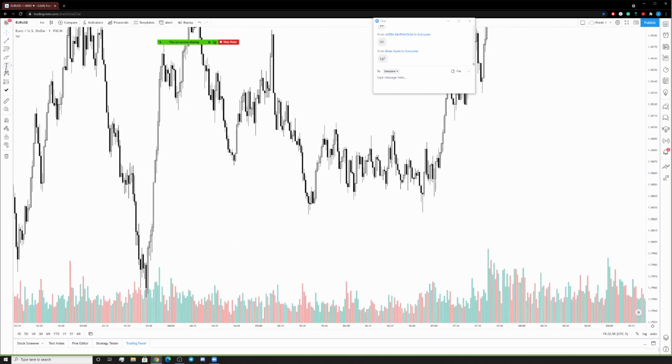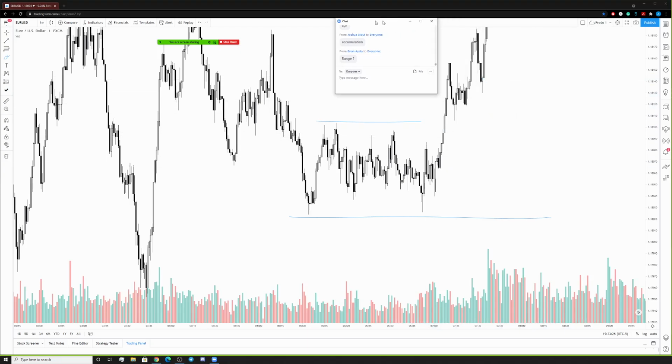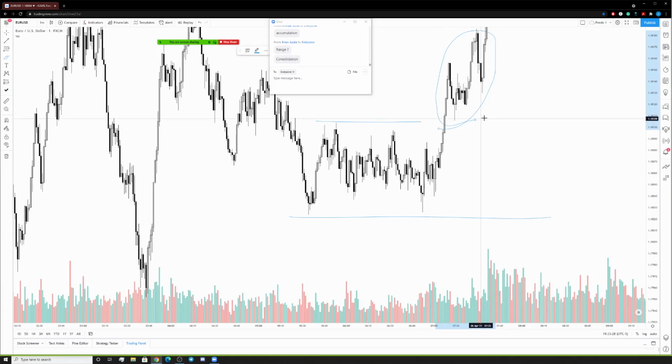what do you guys see? What do you guys see here? Order flow wise, what do you see? Not in terms of Wyckoff, in terms of just overall technicals. What is happening here that generates this? What is the cause of this?